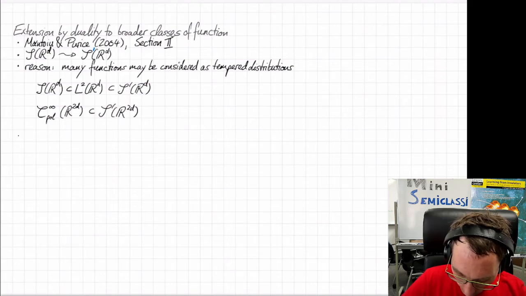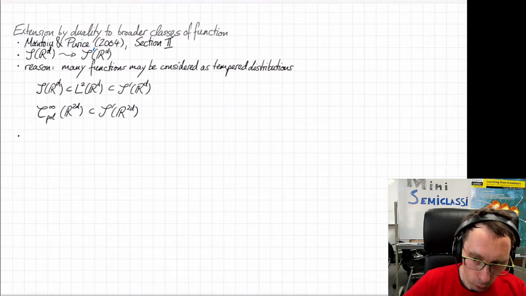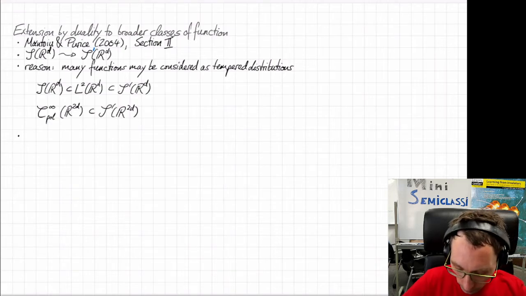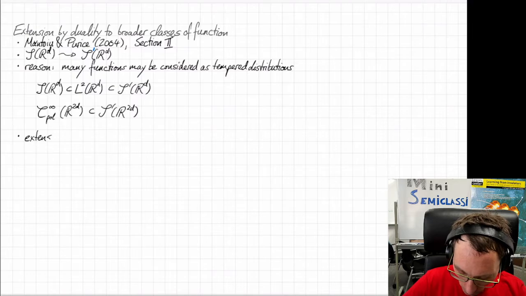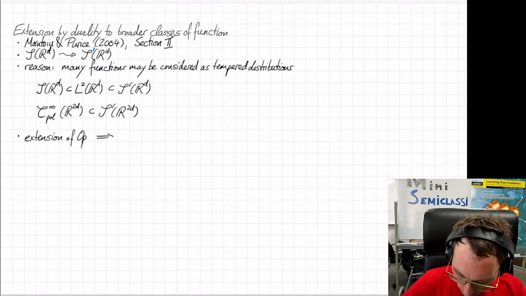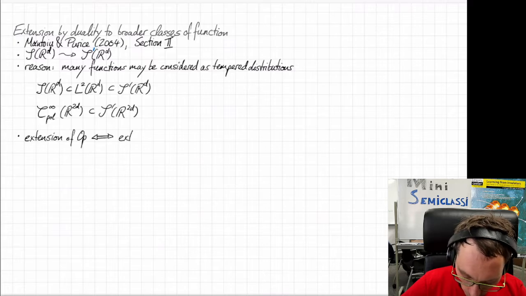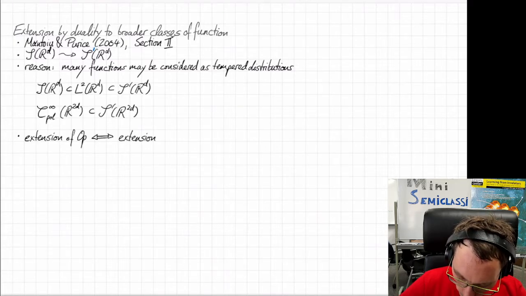So here it becomes clear why I introduced the kernel map, because the extension of Weyl quantization is equivalent to the extension of the kernel map.